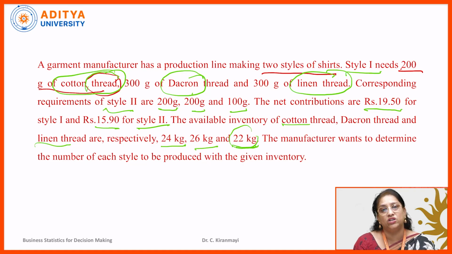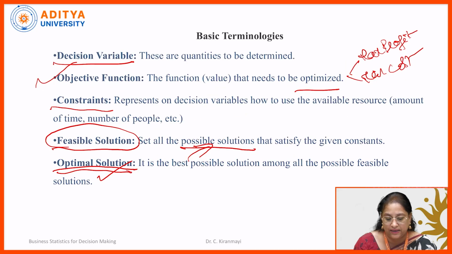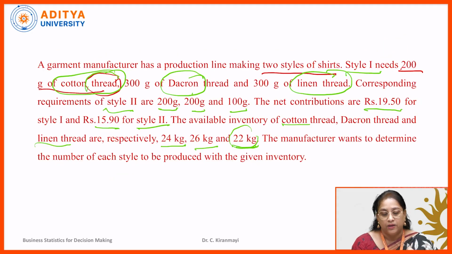And what are the decision variables? Whenever we talk about a linear programming problem, as I said in the previous case, we come across several decision variables. We use the terms objective function, constraints, feasible solution and all. So, in this problem, let us understand the objective of the company. The contribution of each shirt is given, so the firm wants to maximize the profit.